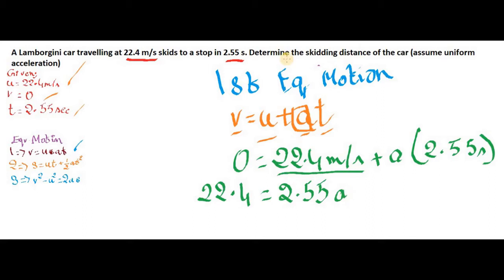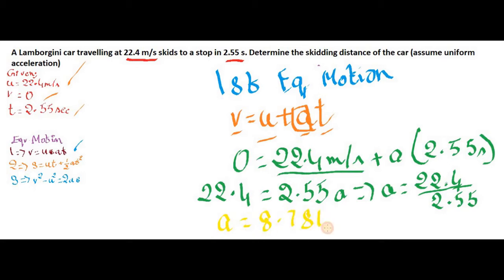So this would become a = 22.4 divided by 2.55. If we solve this, the acceleration would be somewhat 8.784.